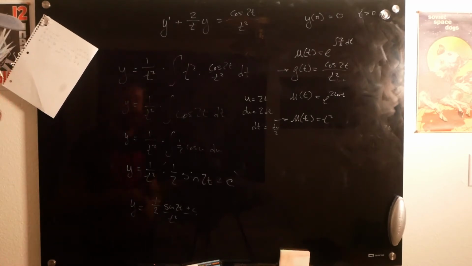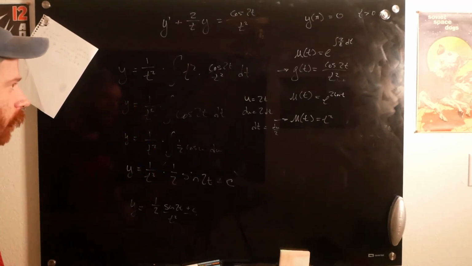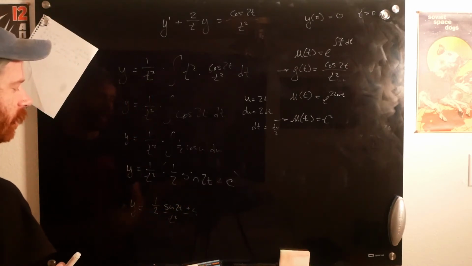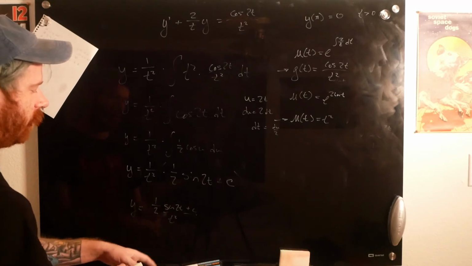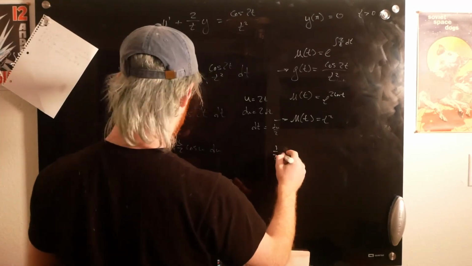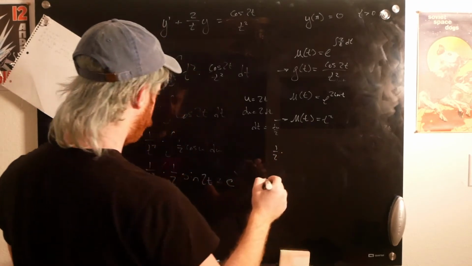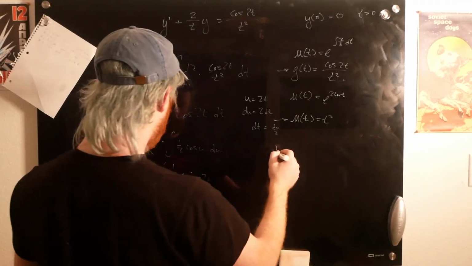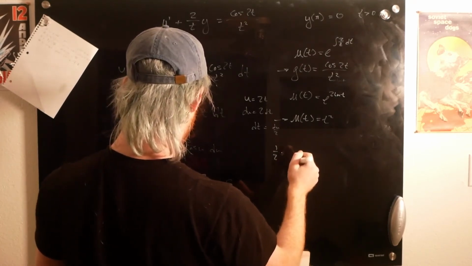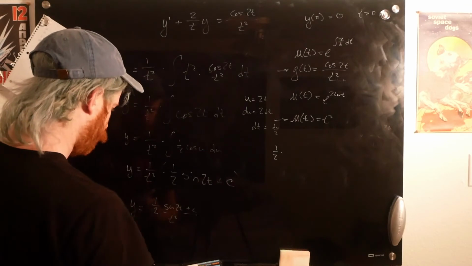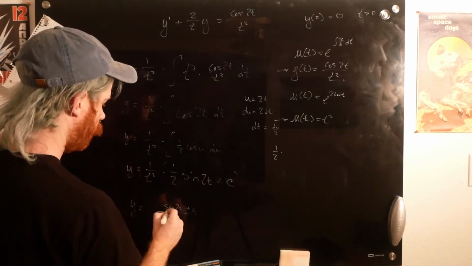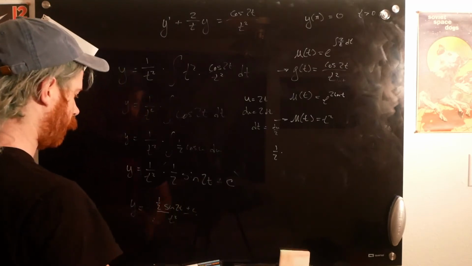Yeah. Okay. So now what we can do is plug in our y of pi. Sine of 2 pi is going to be 0, right? So we're going to have 1 over 2 times... That's how that's supposed to look. That's a little sloppy, sorry.